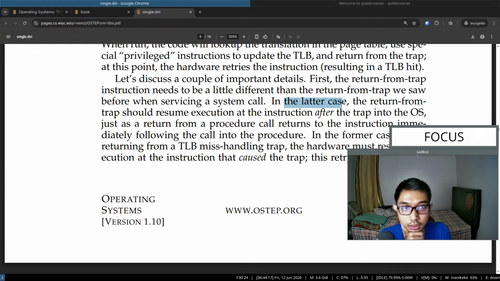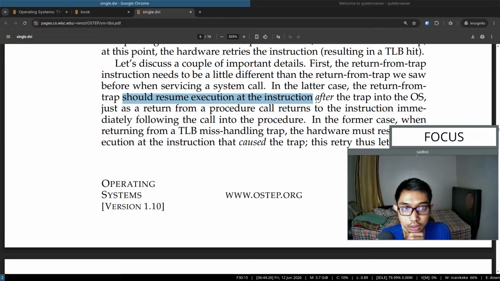In the latter case, the return from trap should resume execution at the instruction after the trap into the operating system, just as a return from a procedure call returns to the instruction immediately following the call into the procedure.